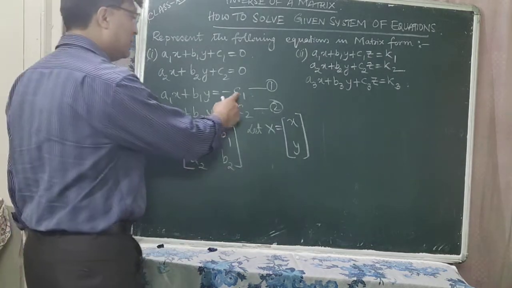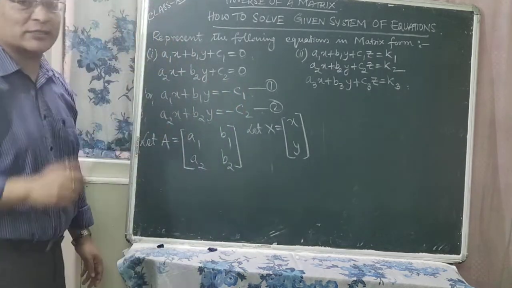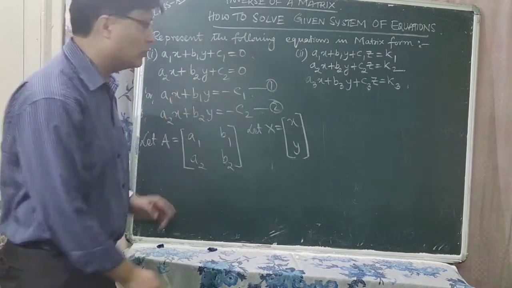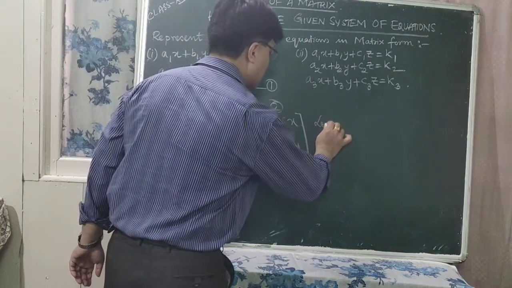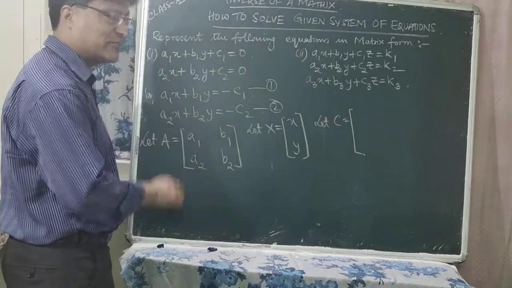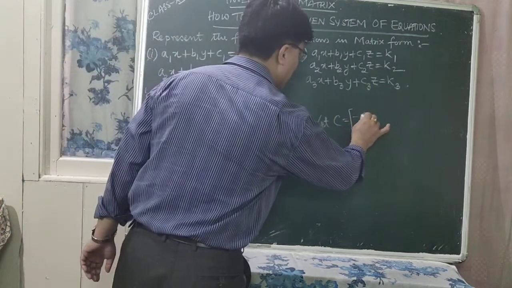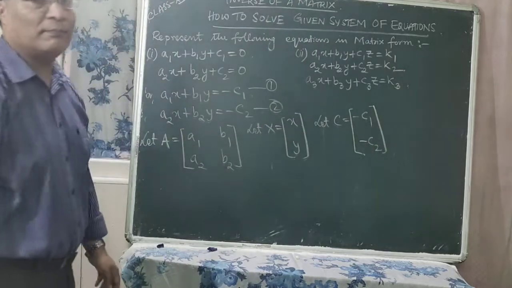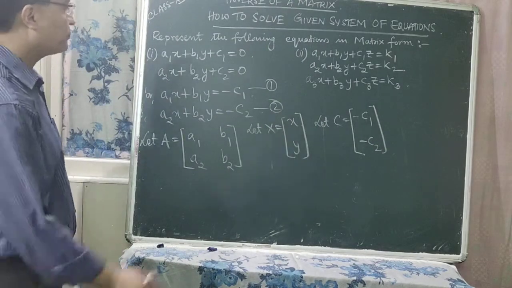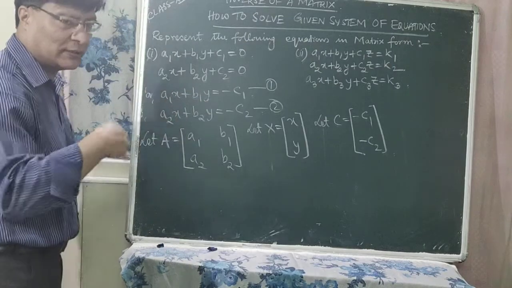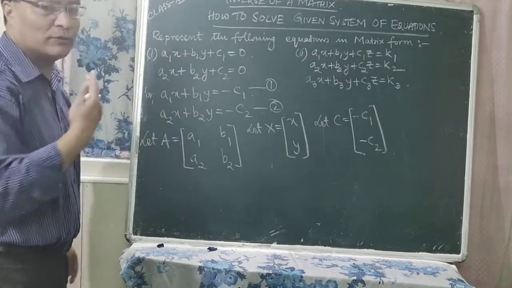Then on the right hand side there are two constants which are free from x and y, that is minus c1 and minus c2. Let it be the constant matrix, that is also a column matrix. Let capital C be equal to the column matrix of minus c1 and minus c2. Now this given system of equations you can change into a matrix equation.